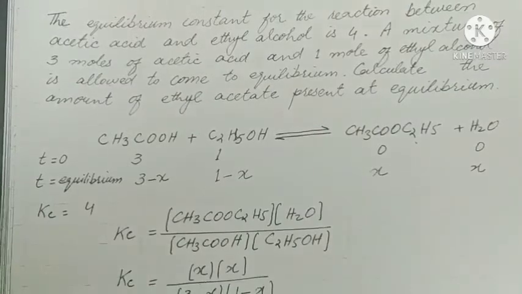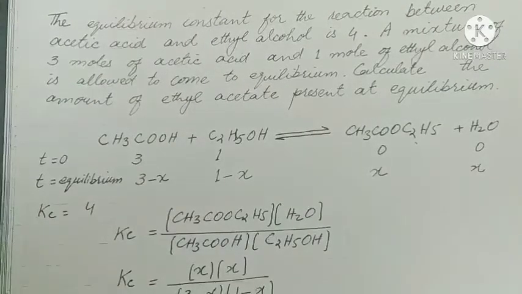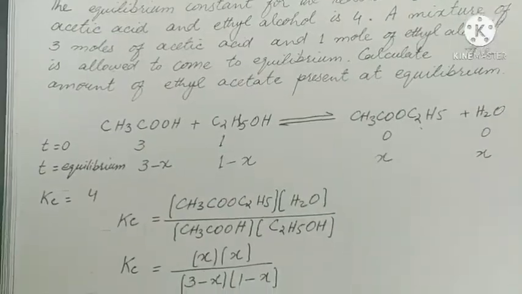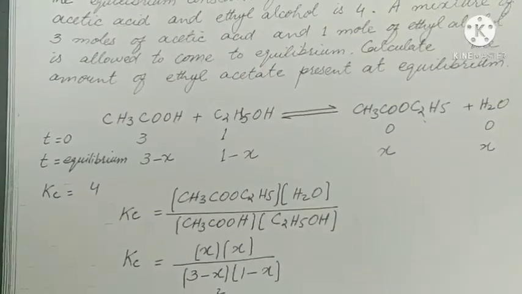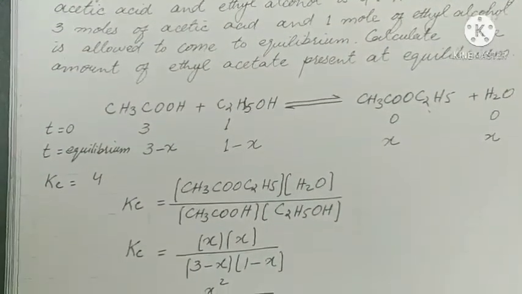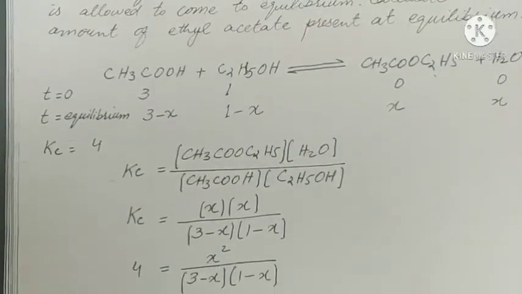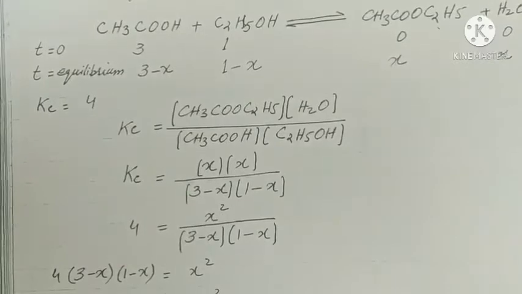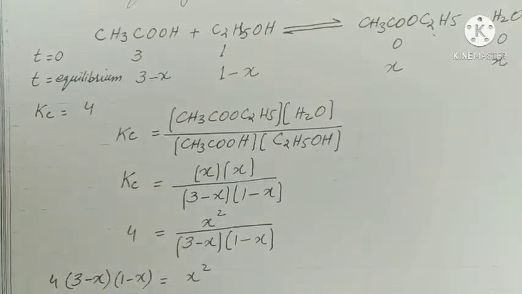Then we know that Kc is written by writing the products in the numerator and reactants in the denominator. Kc is equal to [ethyl acetate][water] divided by [acetic acid][ethyl alcohol]. The values of water and ethyl acetate are x, so x into x, and (3 minus x) into (1 minus x).